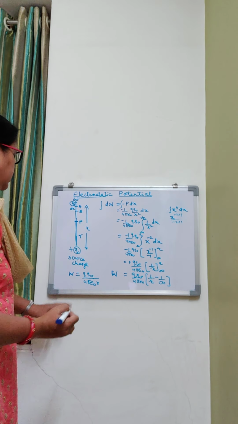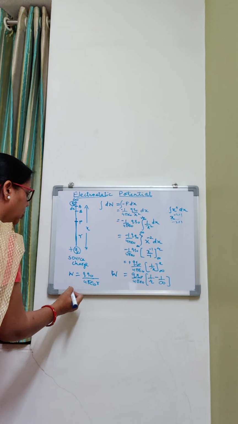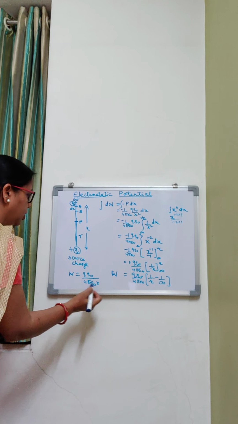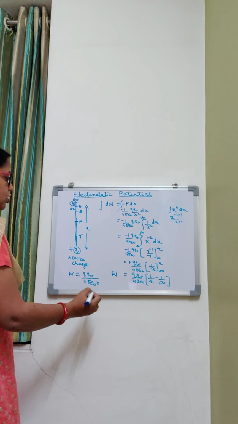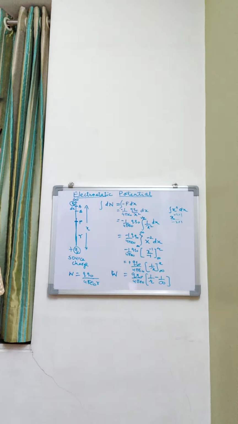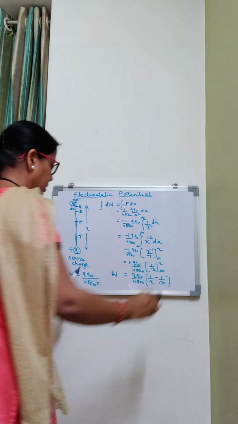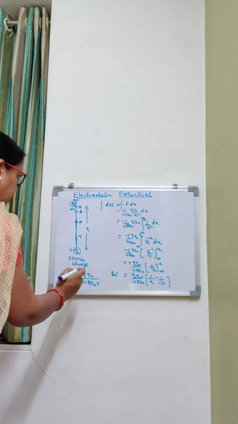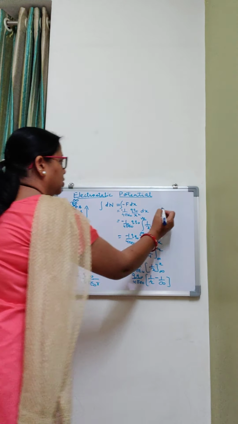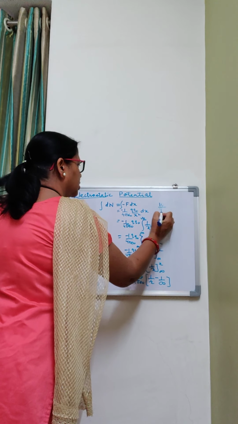So we can write this as W upon Q naught. I am writing the final formula after dividing this W by Q naught.